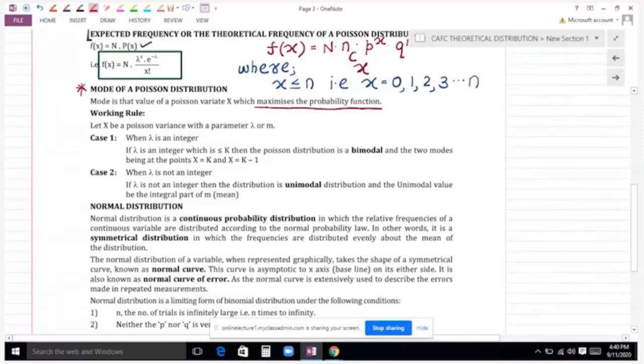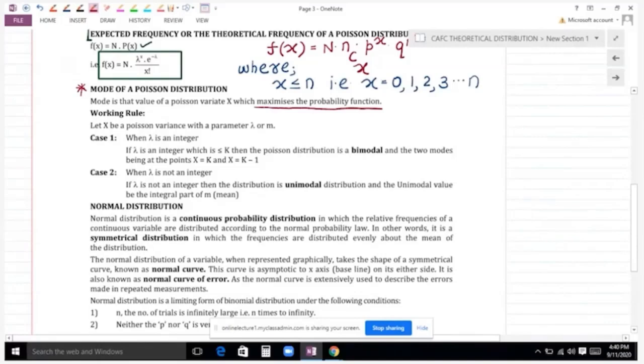I repeat, mode is that value of a Poisson variable which maximizes the probability function.